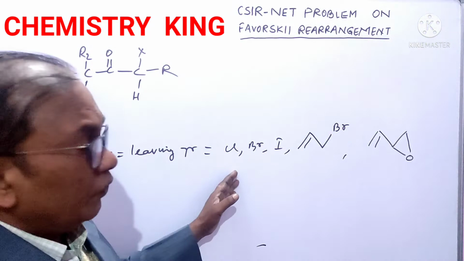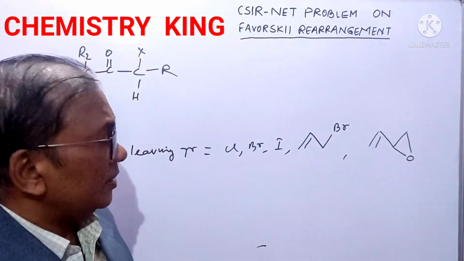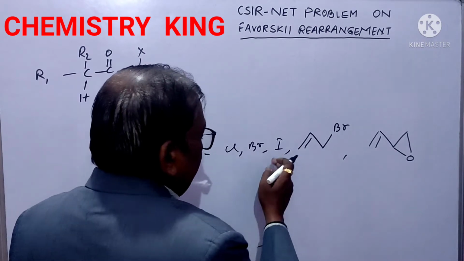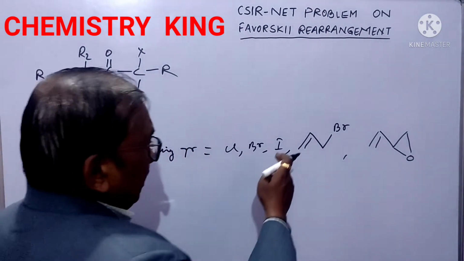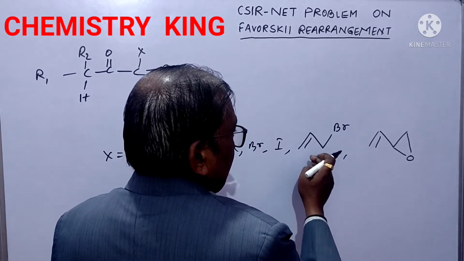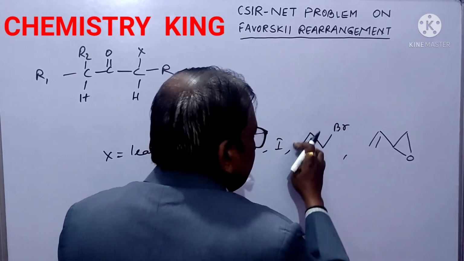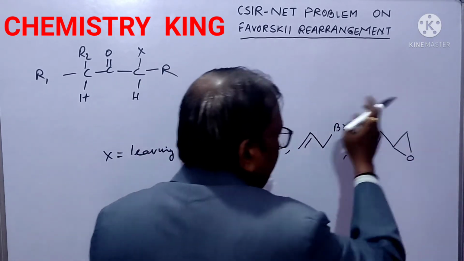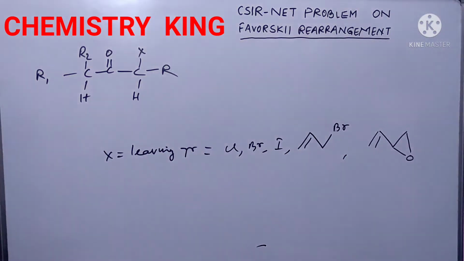Till now, we know that X should be chlorine, bromine, iodine, because chlorine, bromine, iodine are better leaving groups. But there are other groups that are also better leaving groups. Examples of these two will be discussed after a few minutes.